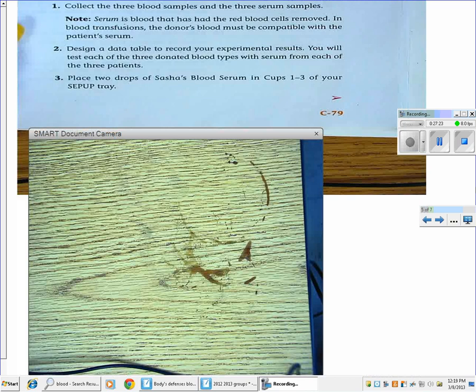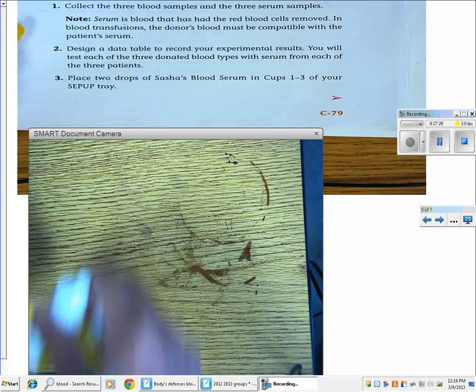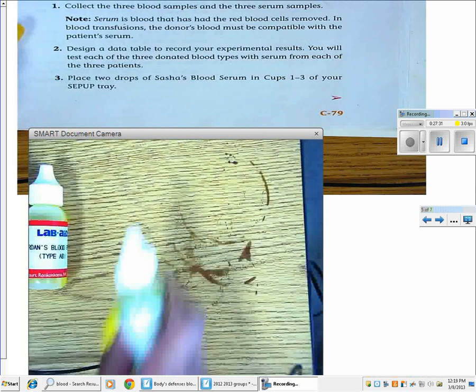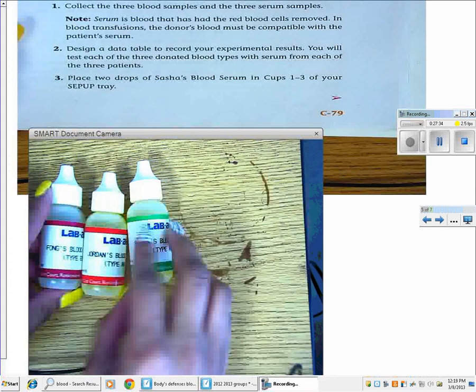The procedures are as follows. Collect the 3 blood samples and 3 serum samples. Here we have your 3 serum samples.